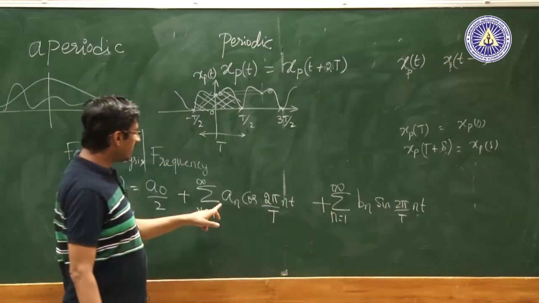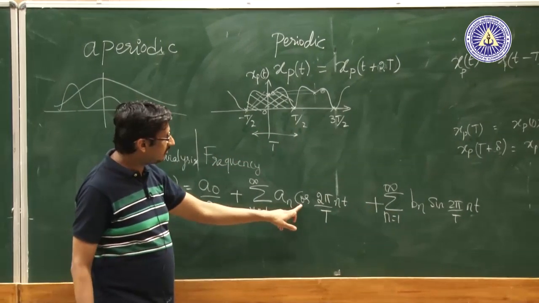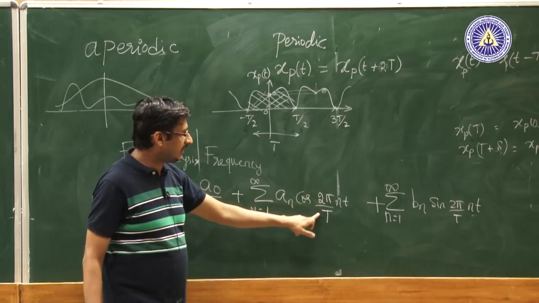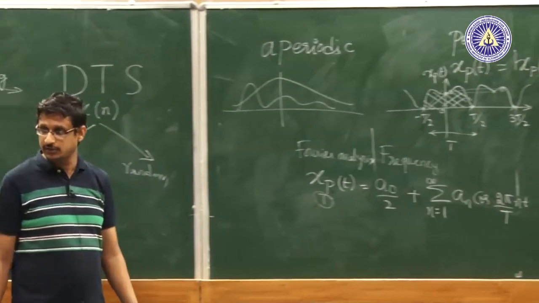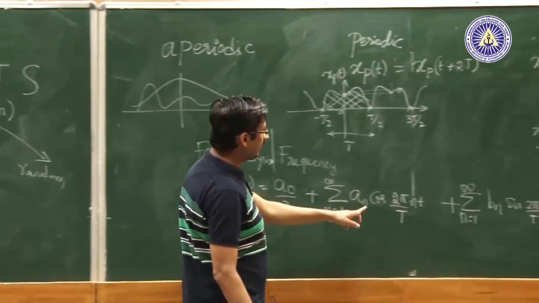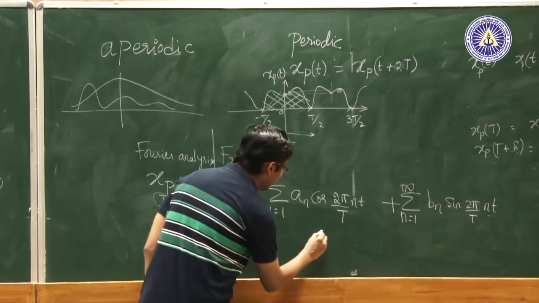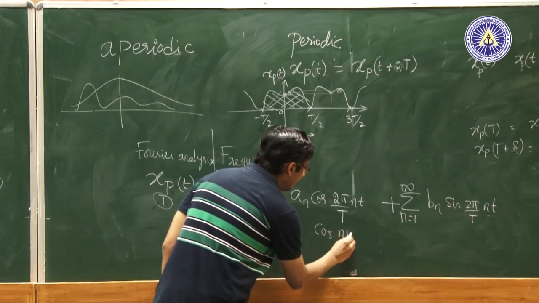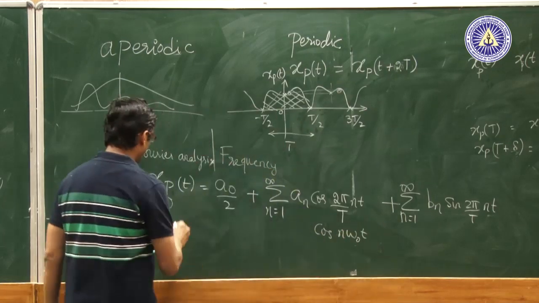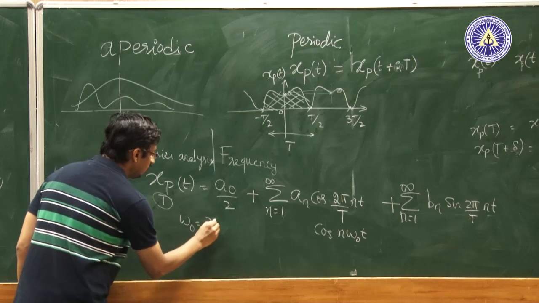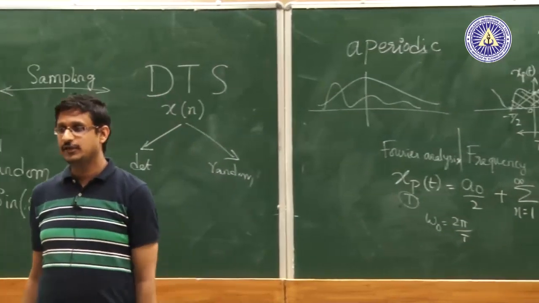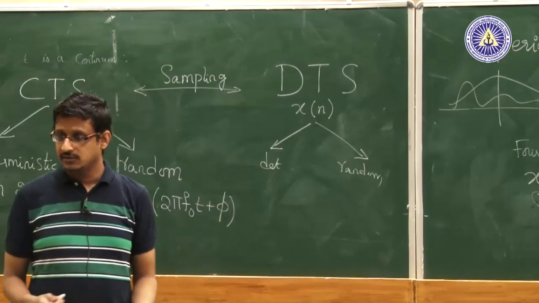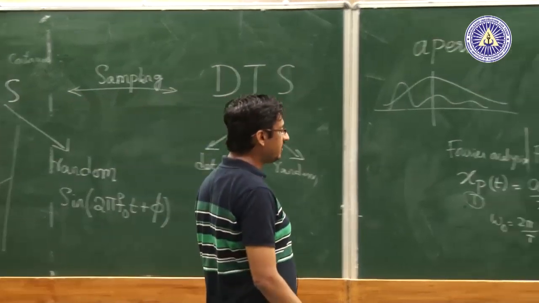The terms an are getting multiplied with cos 2 pi by T times nt, and we have already defined 1 by T as f naught. So, I could equally have written this cos 2 pi by T nt as cos n omega naught t, where omega naught is equal to 2 pi by T, and it is called the fundamental frequency.